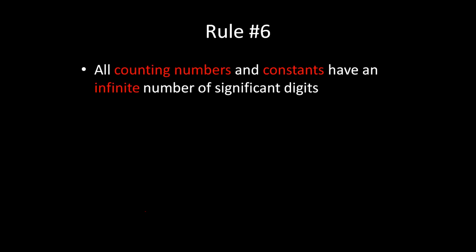It is rule number 6, which will give you an idea about the number of significant figures in a counting number and constant, which means when you do calculations, there are certain counts. Like when you count a number, suppose you say that there are 3 ammeters. 3 is a count. Counts will always have infinite number of significant figures, or constants will also have infinite number of significant figures.